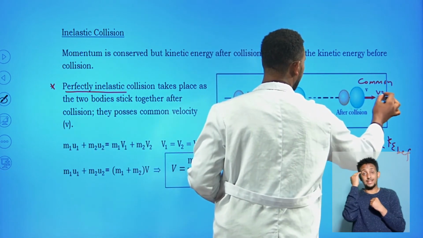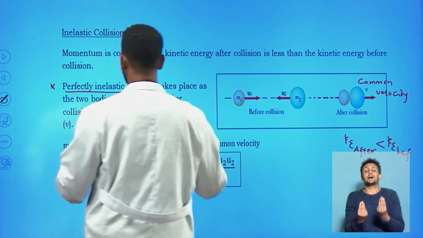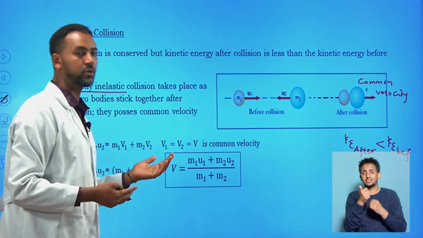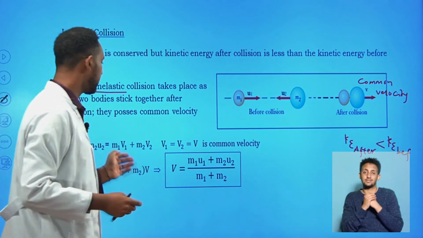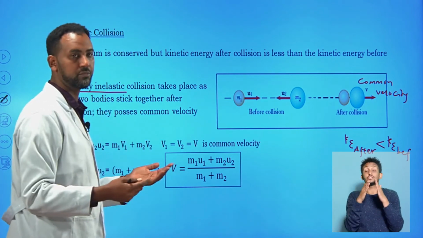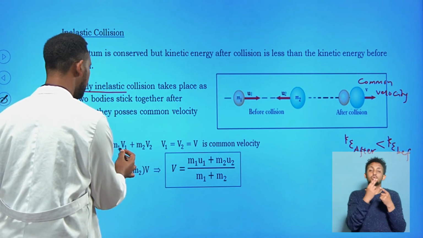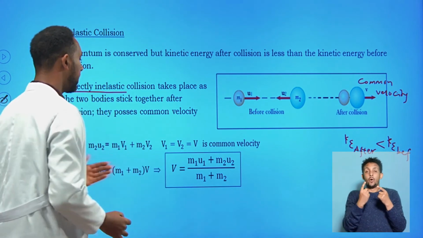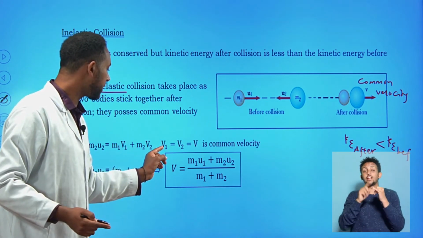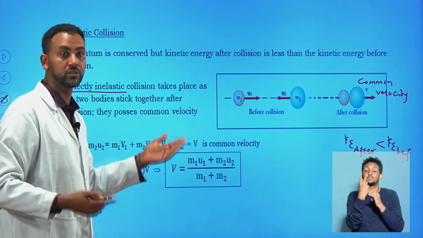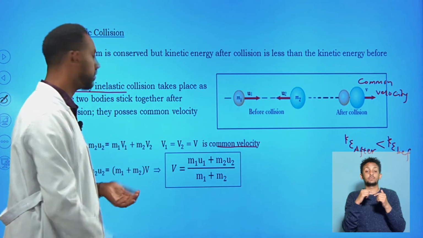The common velocity can be determined using the law of conservation of momentum. Either for elastic collision or inelastic collision, we have the law of conservation of momentum, which states that m1 u1 plus m2 u2 equals m1 v1 plus m2 v2. After collision, the final velocity of particle 1 and the final velocity of particle 2 is v, known as the common velocity, since they are stuck together.